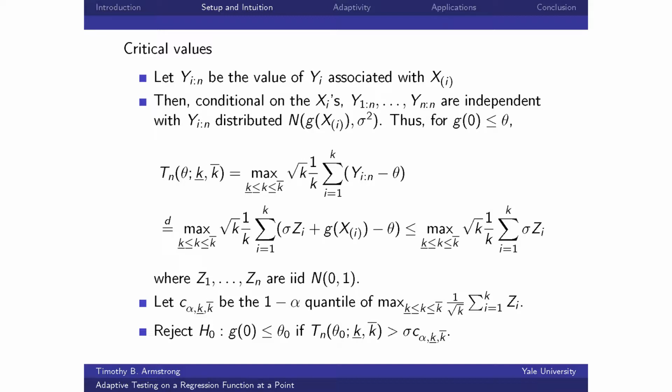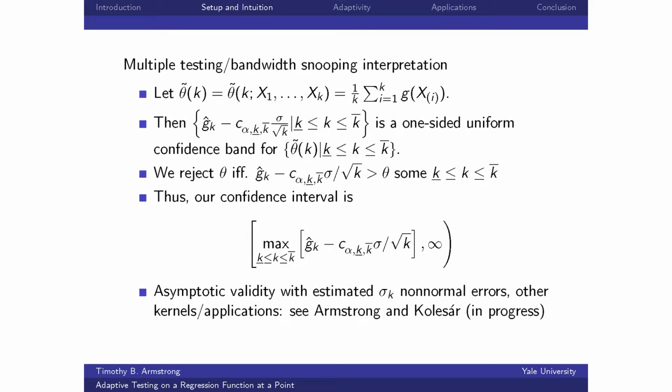That gives us, in this idealized normal setup, a finite sample valid test. And in the paper with Michael, we work out how you can get these critical values asymptotically for other kernels. It turns out that it only depends on the kernel and the ratio of the bandwidths. And we're also in the process of tabling all those.